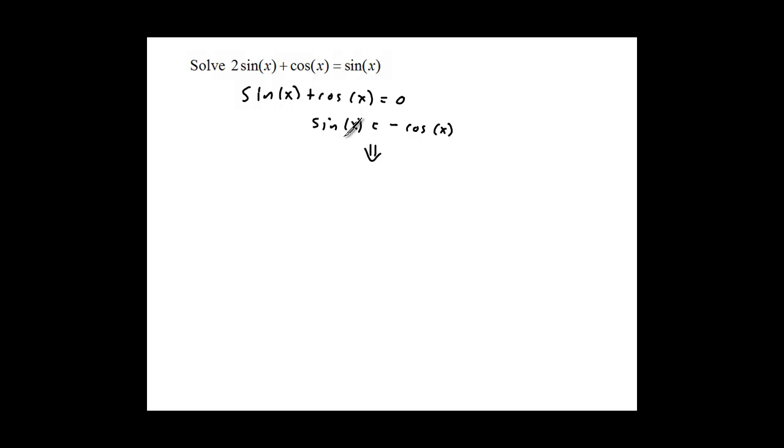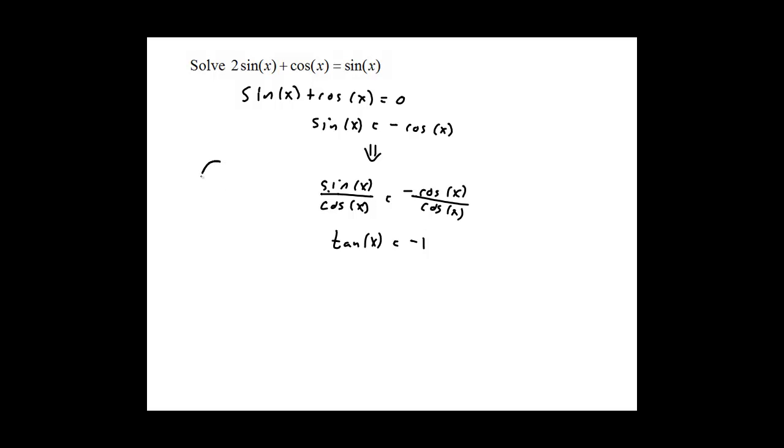If I wanted to get a trig function all by itself, I could divide both sides of the equation by cosine of x. So I'd have sine of x over cosine of x is equal to minus cosine of x over cosine of x. And that corresponds to when the tangent function of x is equal to minus 1. Sine over cosine is tangent. The opposite of cosine over itself is negative 1.